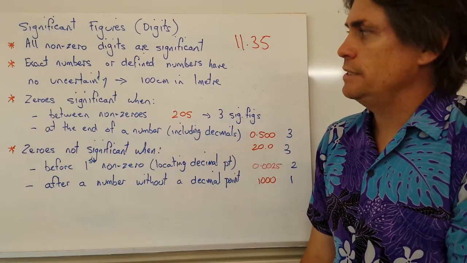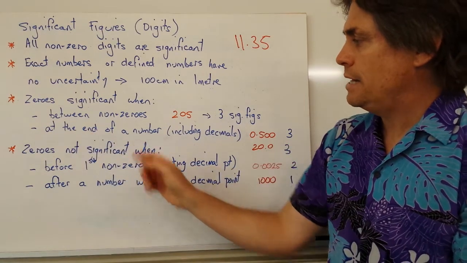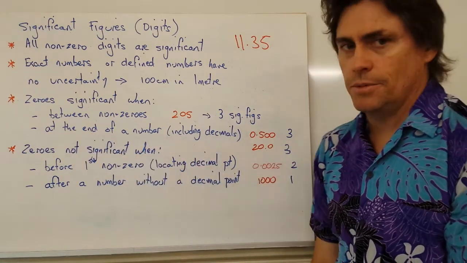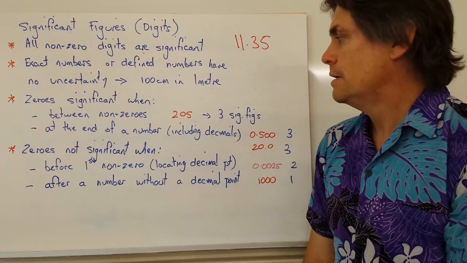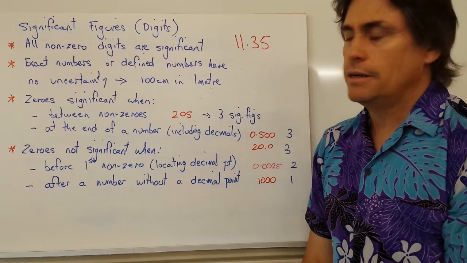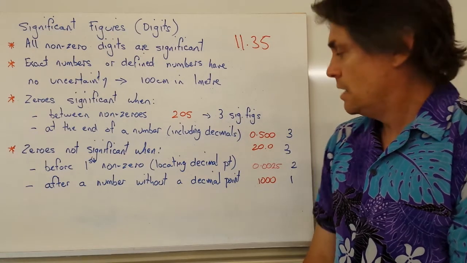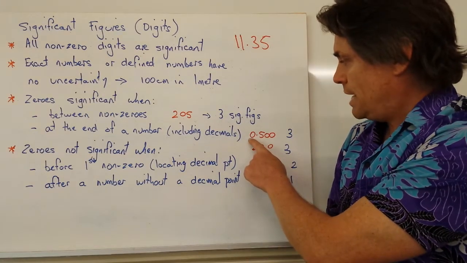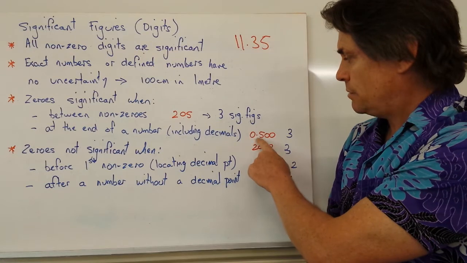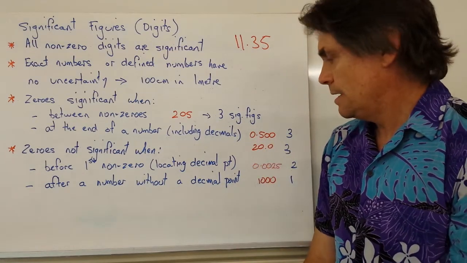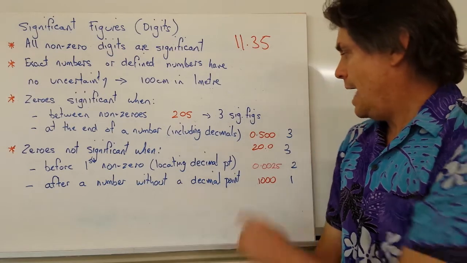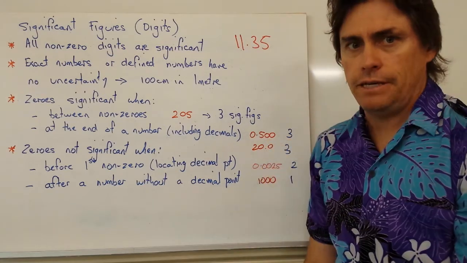Now we can also say zeros are significant when they're at the end of a number, including decimals. And the reason we say that is because sometimes the precision of our instrument determines that. So in this particular example, let's say we've weighed something out to be 0.0500 kilograms. That's a precise measurement, and it has 3 significant figures.